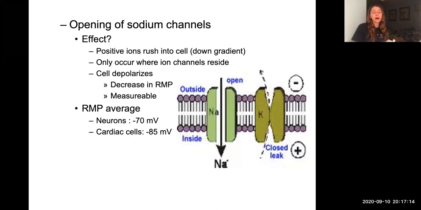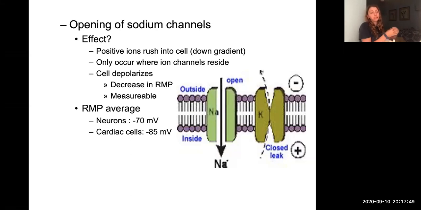So the positive ions rush into the cell. Na is positive, right, and it rushes into the cell where it starts to depolarize. Now, the term depolarization, she said we don't need to know about polarity and all that, but just to explain it a little bit more, it means it's getting closer to stabilizing the cell, closer to 0.